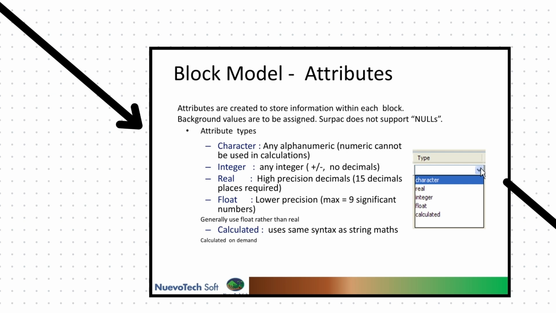Importantly, Surpac does not allow truly empty fields. So every block attribute has a value, often a background no-data number. Imagine a block with 10 grams per ton gold, rock code 5, and density 2.7. Those are stored as attributes in the model, right?